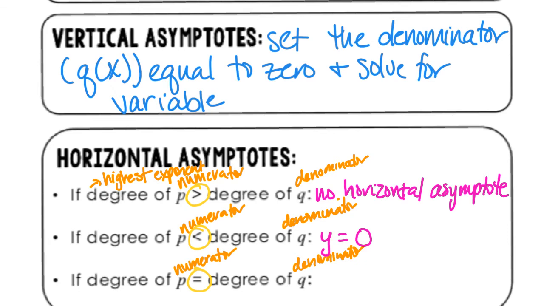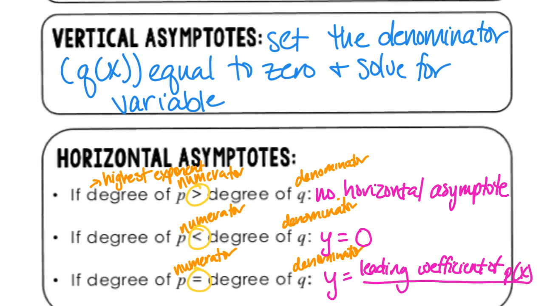So in that case, the horizontal asymptote is y equals the leading coefficient of the numerator over the leading coefficient of the denominator. So anytime you're looking for horizontal asymptotes, you have to ask yourself, what's the degree of the numerator, what's the degree of the denominator, and which one of the 3 scenarios works.